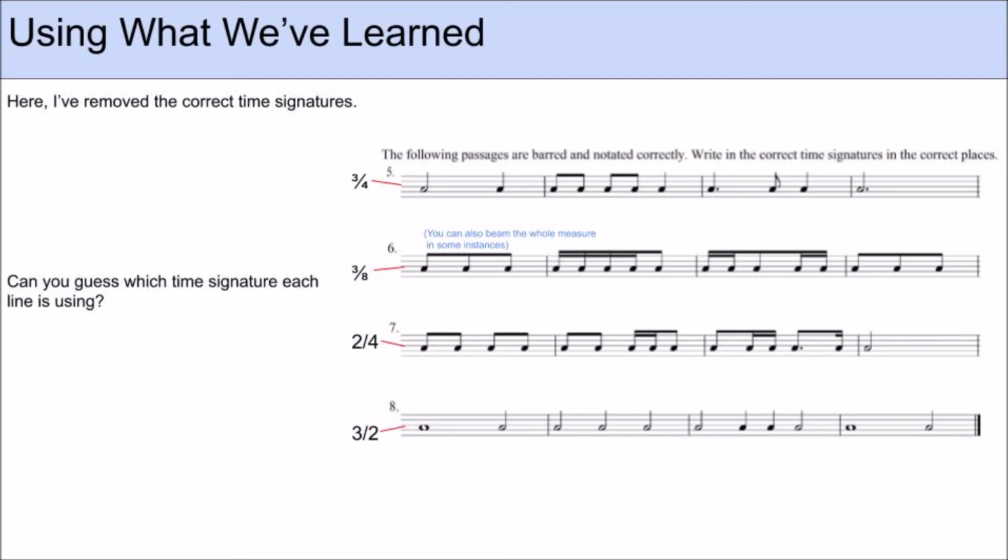And when you listen to music in 3/2, you will find that it feels more like it is in 3 than it is in 6, such as a waltz. 1, 2, 3, 1, 2, 3. If it was 6/4, it would go more like this. 1, 2, 3, 4, 5, 6, 1, 2, 3, 4, 5, 6. And that is a little too busy. Remember, we want to be as efficient as possible.